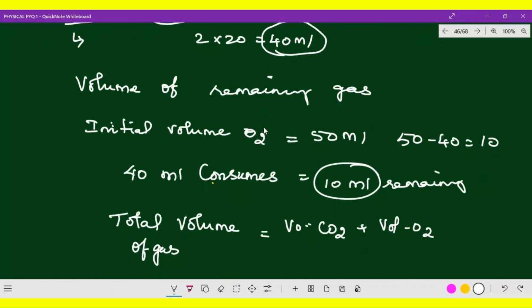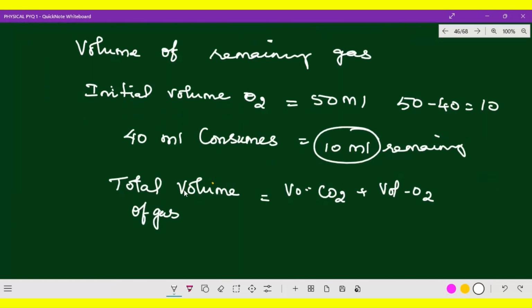The total volume of gas is that 20 plus the remaining oxygen, 10. So altogether 30 ml, right?